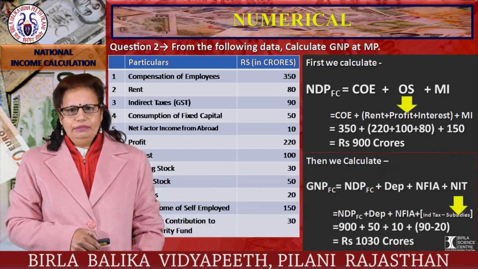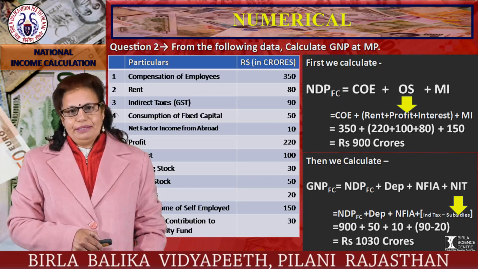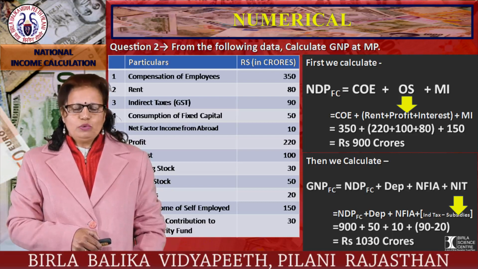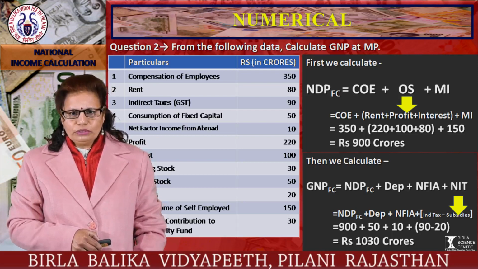Now the next numerical, you see in place of national income, it is given GNP at market price. So what are the steps? The first step is to calculate NDP at factor cost. For that you add all the items, 350 plus 220 plus 100 plus 80 plus 150, and you get 900 crores.